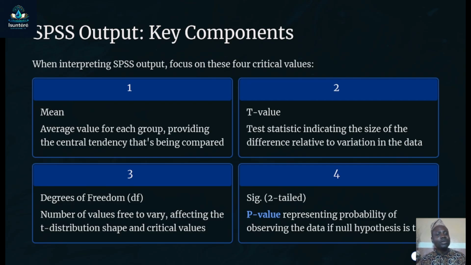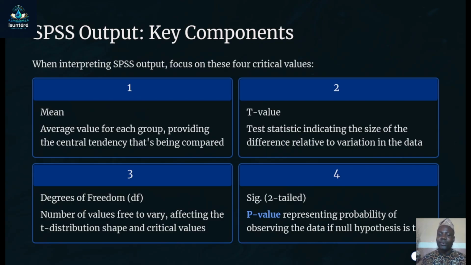And when you run it on SPSS, which we will do in another video, it is important that you recognize that there is a mean average value for each group, providing the central tendency that is being compared. So the first thing we will talk about is that the mean of group A is this, while the mean of group B is this.